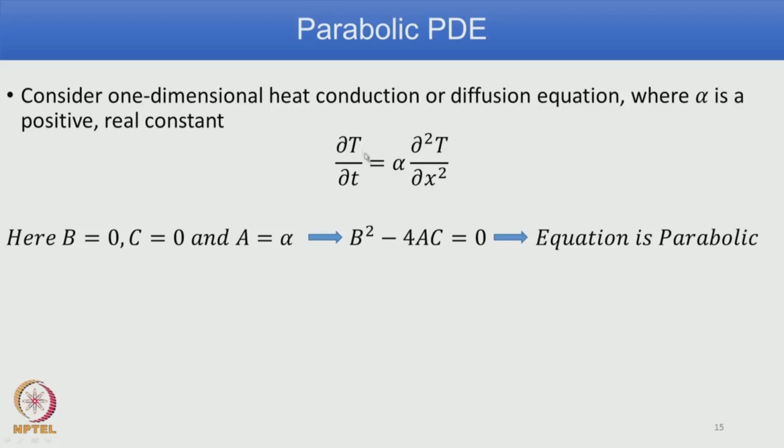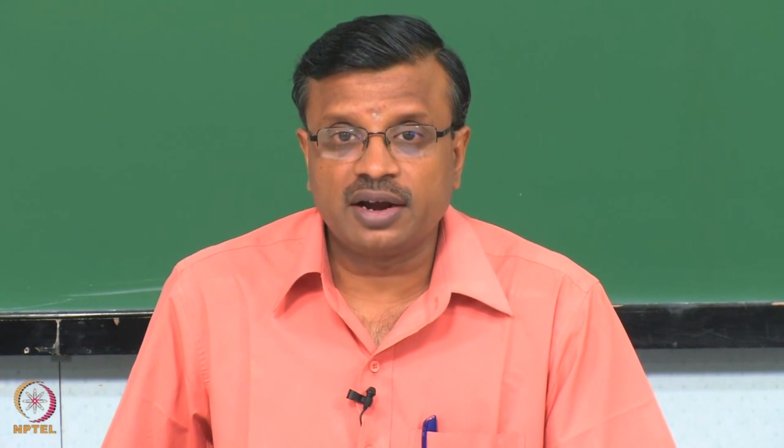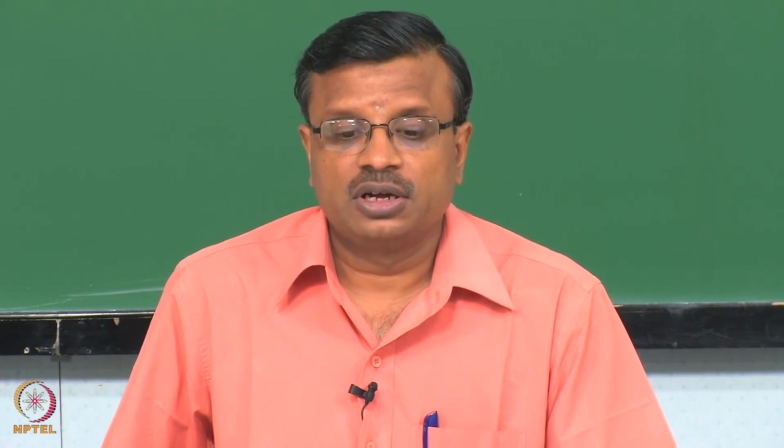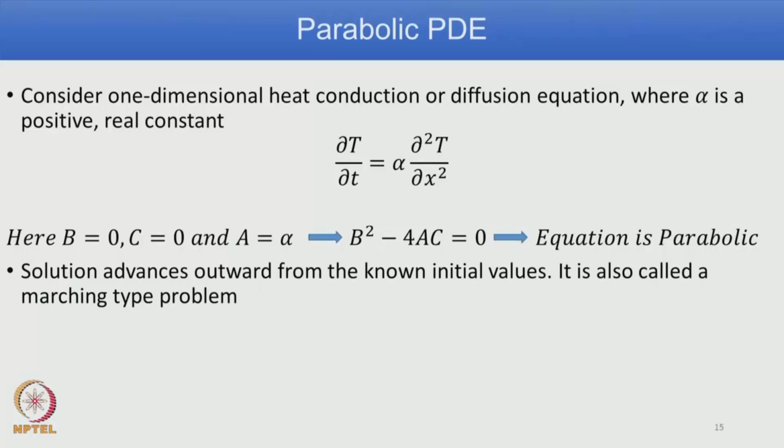As you can see here, the time derivative component appears, and we have observed that in the Navier-Stokes equation, the first term on the left hand side is a time derivative term. The solution advances outward from known initial values, that means it only marches in one direction, and you need to specify the initial value.